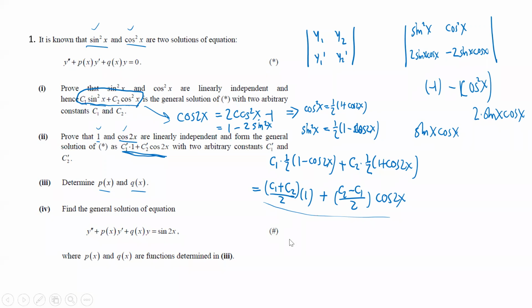The derivative of 1 is 0, right? So these two terms are 0. So that means q(x) times 1 is 0. So that means q(x) is 0.